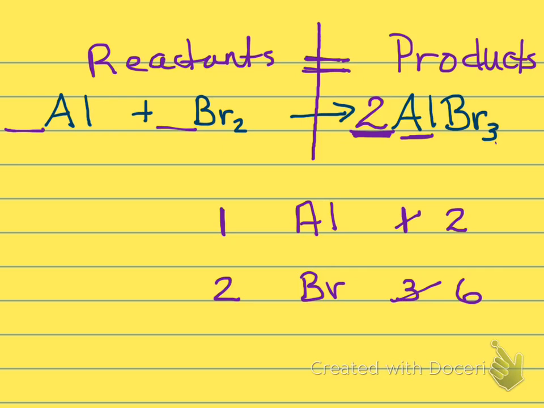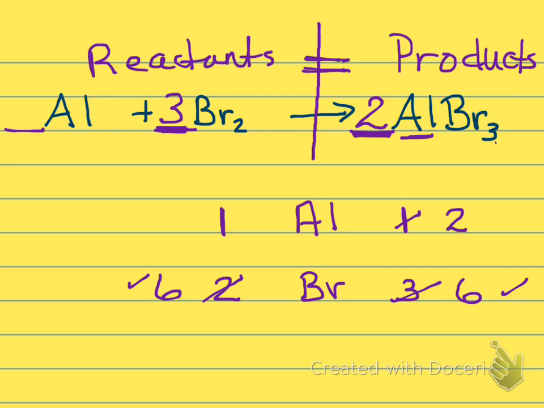Now we need to get to 6 bromine on this side of the equation. So what coefficient can we put in here to give me 6 bromine? Well, 2 times 3 is 6, right? So now I need to change this tally to show that I now have 6 bromine. So right now at this point, if you look, my bromine are equal.